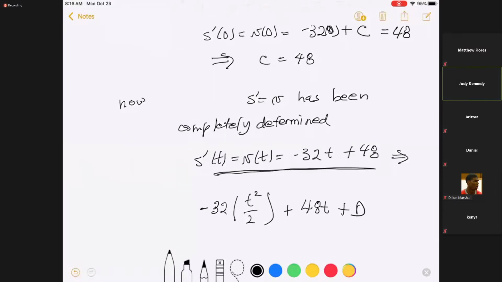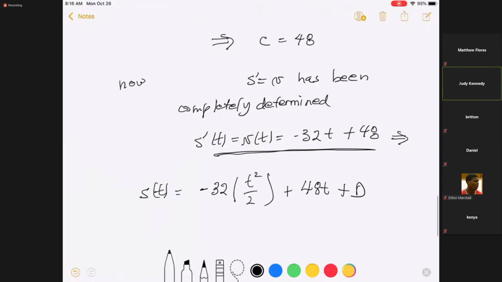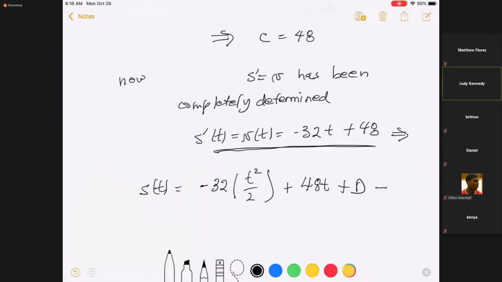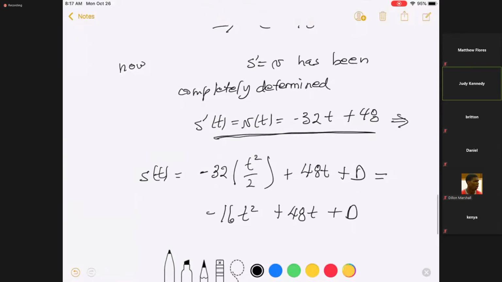Okay, another arbitrary constant. So far, we have that our position function, our height function, is s of t equals minus 32 times t squared over 2 plus 48t plus d. We can simplify that a little bit. That's minus 16t squared plus 48t plus d. And you might notice a lot of those motion problems before had that minus 16 in them.